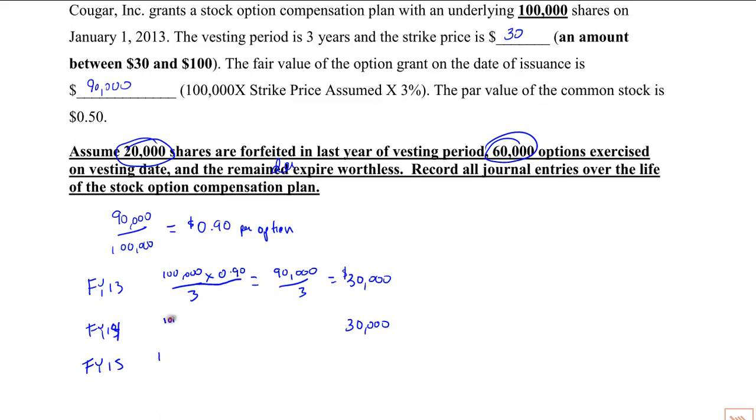So each year is 100,000 divided by 3 shares times 0.9, which equals 30,000 if they all vested, if everybody completed their service period. In the last year, we were going to do this, but 20,000 forfeited.